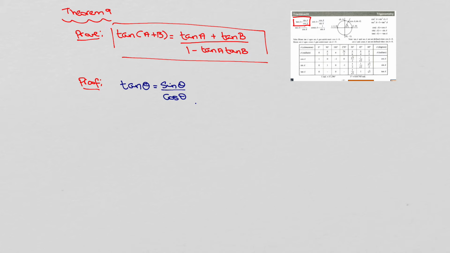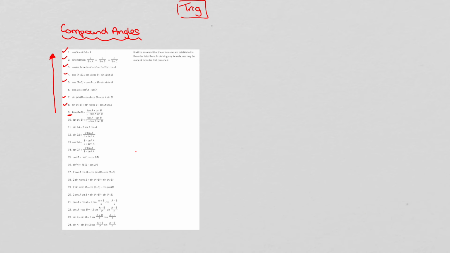So therefore, what that means is if I take the left-hand side of what it is I'm trying to prove, and I have tan of A plus B, well then that can be written as sine of A plus B over cos of A plus B. And if I go back to my list, well, we've already done sine of A plus B, it's theorem 7, and we've already done cos of A plus B, it's 5.